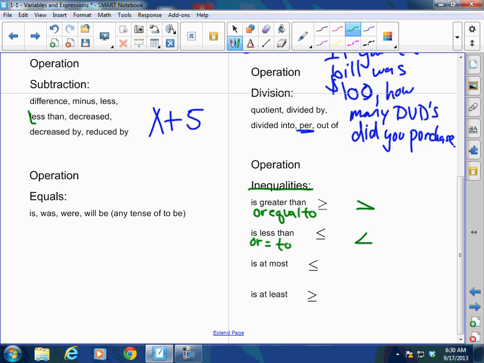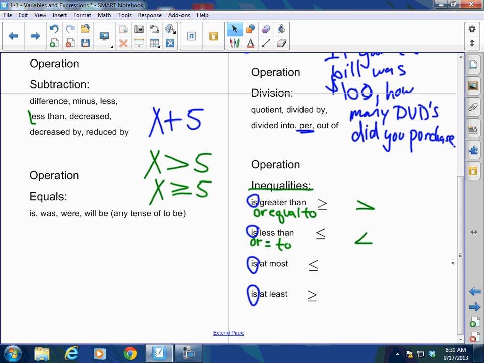So the is activates the inequality. If I tell you now, x is greater than 5, that would be x greater than 5. If I say x is greater than or equal to 5, x is greater than or equal to 5. So the is activates the inequality.